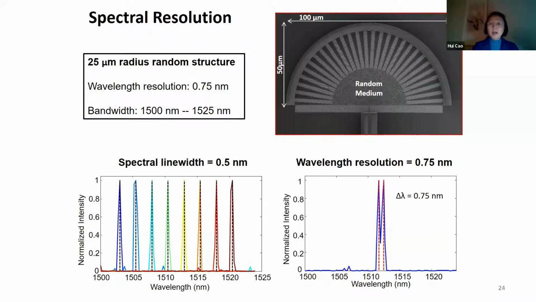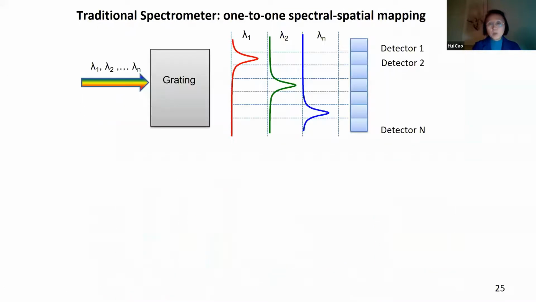Then you say, okay, fine, you can do this because we also have fairly high sensitivity, and this kind of broadband enhancement of the spectral resolution. What are the other advantages? Compared to the traditional spectrometer using a grating to disperse light, the spectral to spatial mapping is one-to-one.